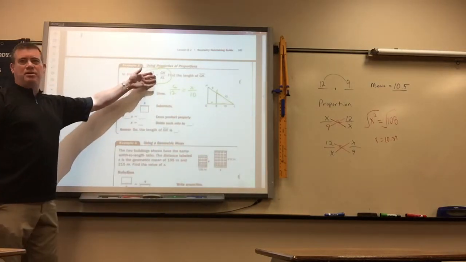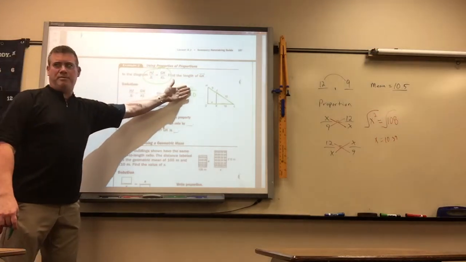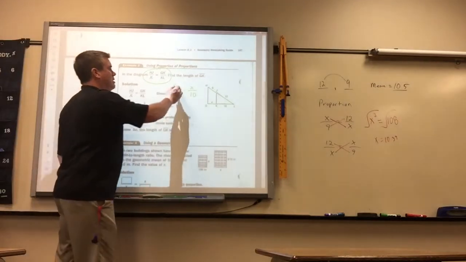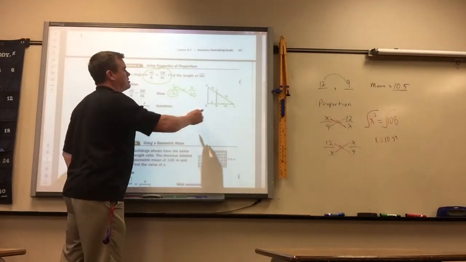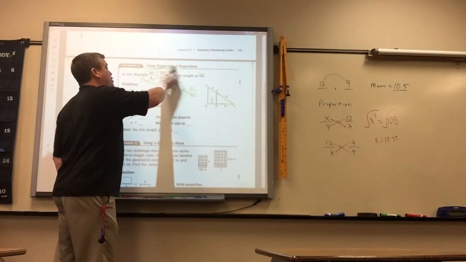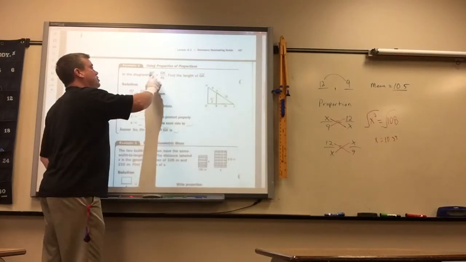So it tells you exactly how to set the proportion up. And once you do, everyone remember how to solve them, hopefully. Cross multiply, divide. 60 divided by 12 is 5.